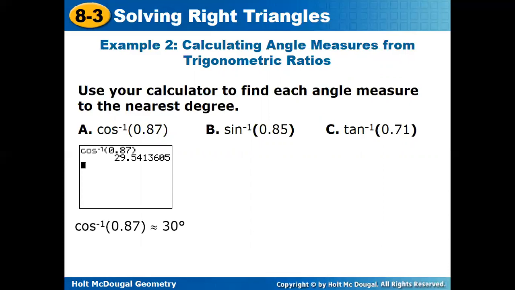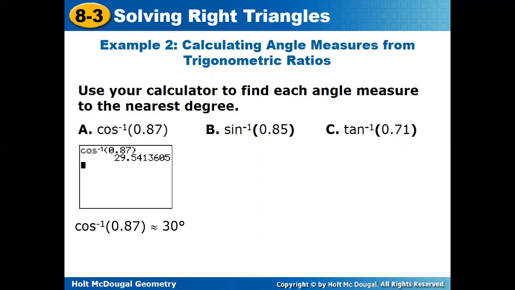So I will press on my calculator cosine inverse. How? You have shift on the calculator, so please press shift first, then press cosine, then write the number 0.87.